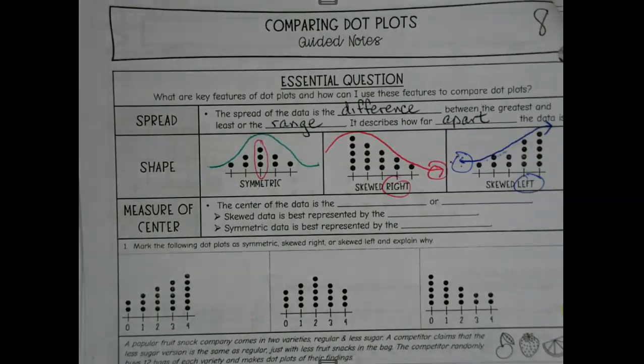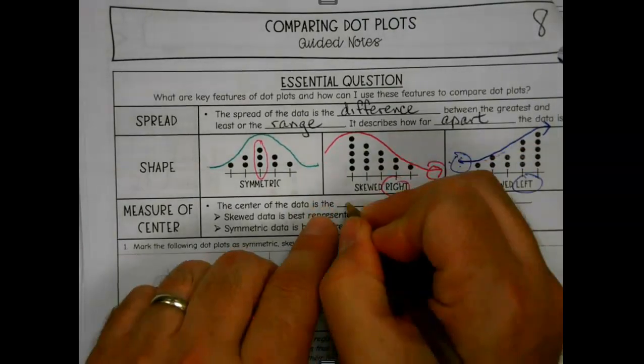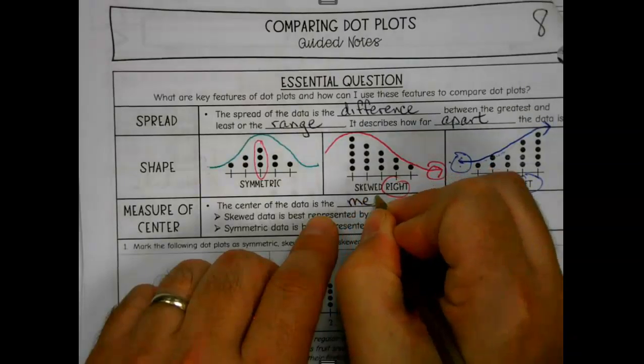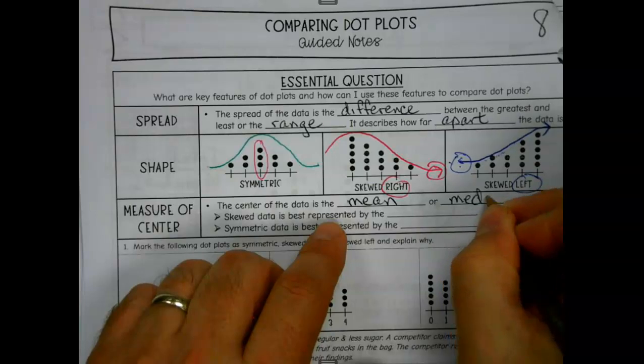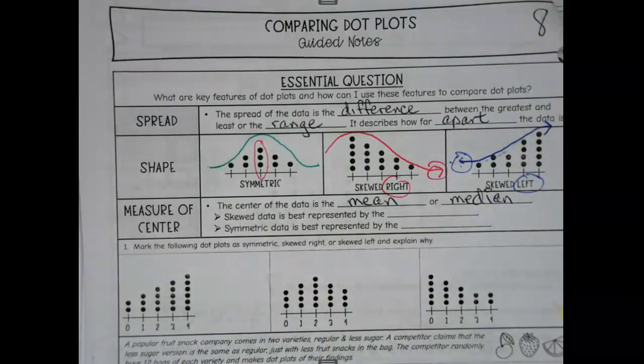So then when we get to the center, now we get back to what we were talking about yesterday. The center of the data is either the mean, when we do the average, or the median, which is when we put the numbers in order and we see which one's in the middle.